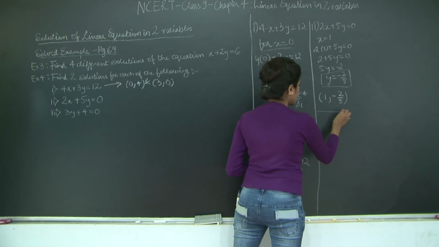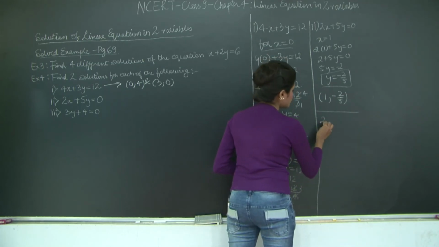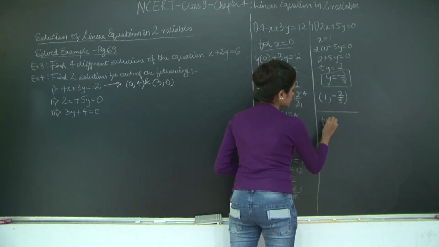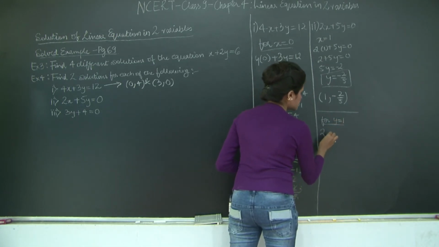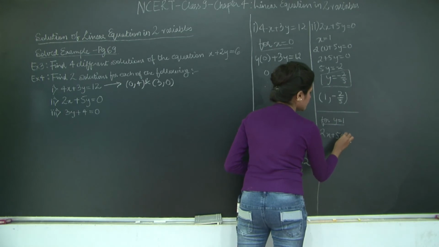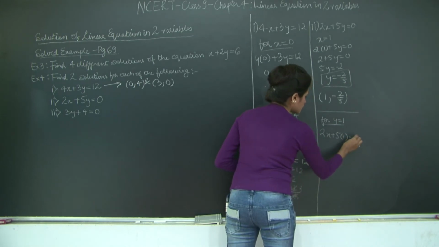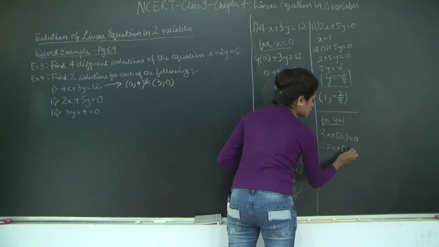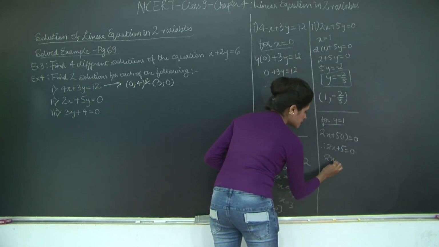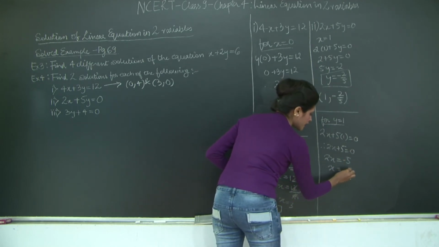Let's take a value for y. So let's say y is equal to 1. What do I get? 2x plus 5 into 1 is equal to 0. Therefore 2x plus 5 is equal to 0. Therefore 2x is equal to minus 5 and x is equal to minus 5 upon 2.